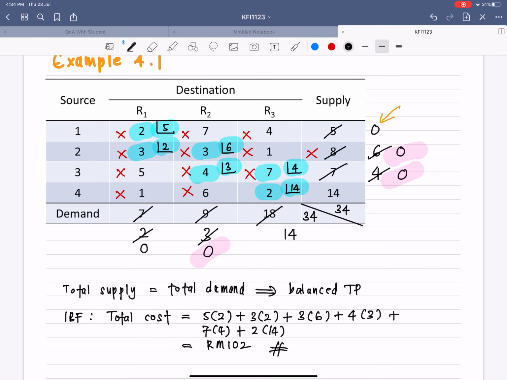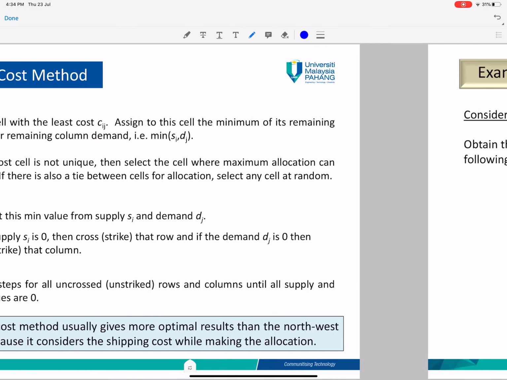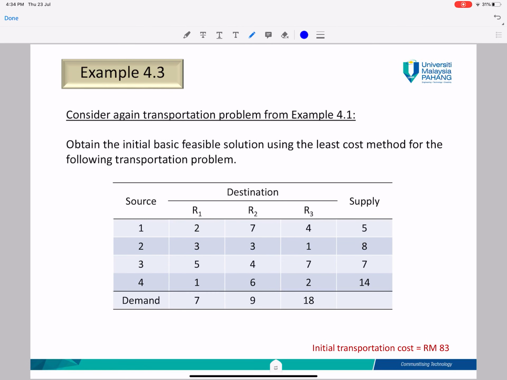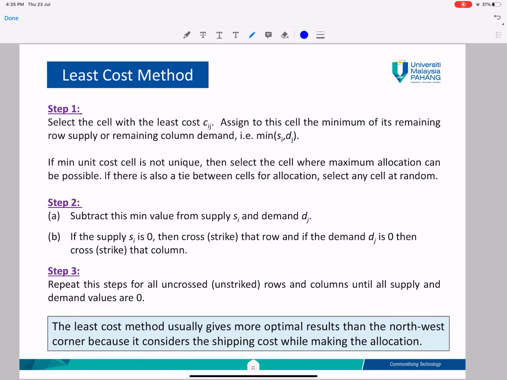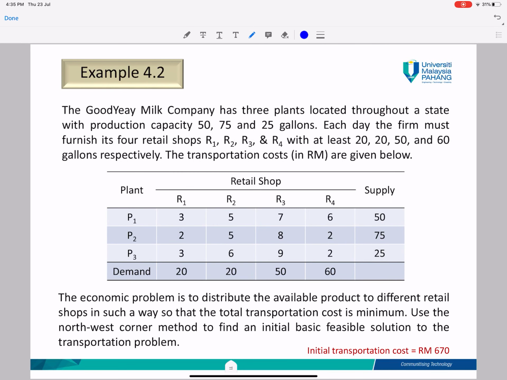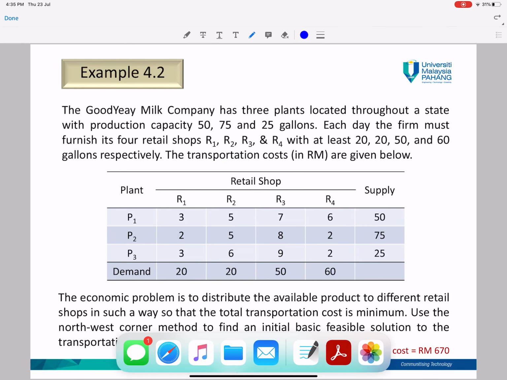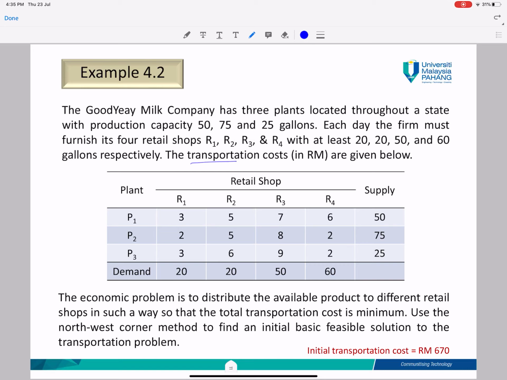So next example. Example 4.2. For example 4.2, we have this transportation cost in RM.